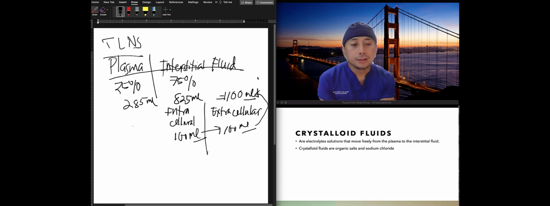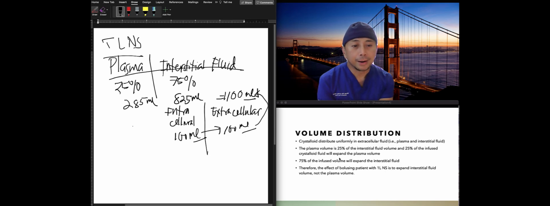Okay, so crystalloids are organic salts and sodium. And the volume distribution I just mentioned is that it is uniformly distributed in the extracellular fluid, your plasma and interstitial. Again, that 25% and the 75%. Plasma volume is 25%, so that infused will expand the plasma.